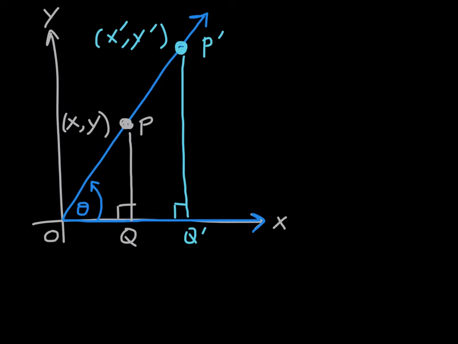Now remember, r is the distance from the origin to the point that you chose. So let's call this r right here. This is r. Here, I'll highlight it in yellow, or maybe I'll just do a dashed line in yellow. It's the distance from the origin to the point that you chose. Now, this is going to get messy here, so just bear with me.